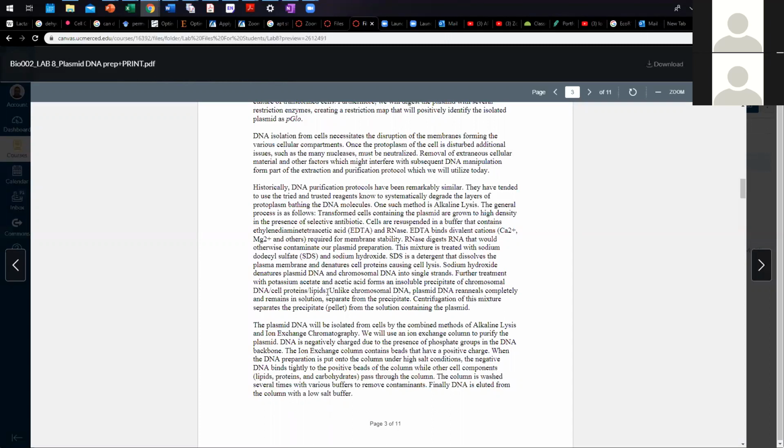So your pellet, in this case, is what you don't want. Your plasmid coils up and remains in the solution. And the rest, like the chromosomal DNA, cell debris, proteins, and lipids, stays in the pellet when you centrifuge. You only take the supernatant, which would contain your plasmid.